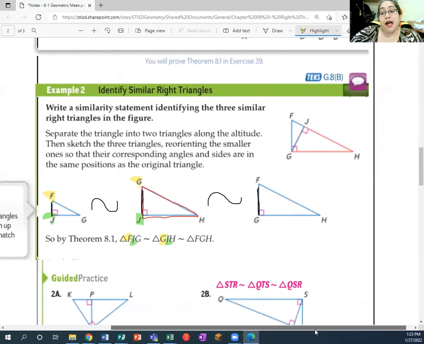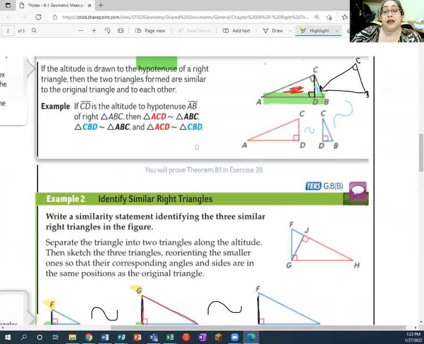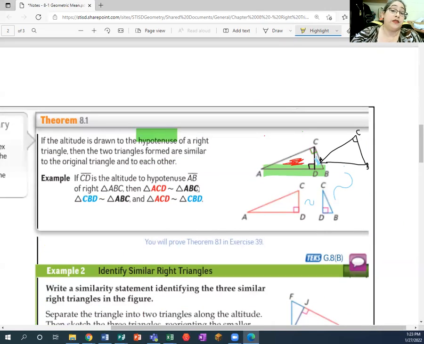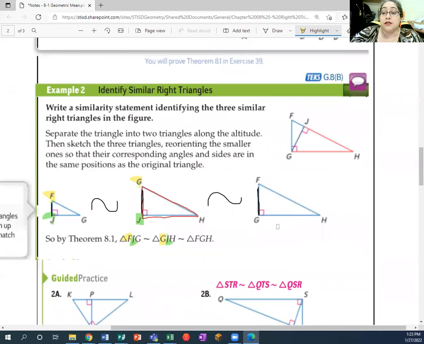The same idea happens when I go to write the next triangle in the series. Remember, this is the transitive property, and it's given to us from this Theorem 8.1, that these two triangles that got created are similar, and both of these are also similar to the big triangle that they came from. So this is the big triangle that they came from. Now, looking at it here, I can see that the right angle is given by G. In the first two triangle names, the right angle was J, and it was written second in the name.